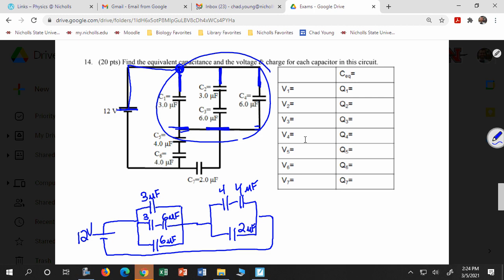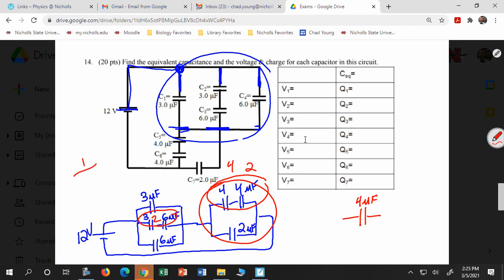Now, hopefully you can see these patterns in your head. The 4 and the 4 is 2 microfarads. That means that's going to be 4 microfarads, meaning this entire thing right here is 4 microfarads. And then this becomes 2 microfarads.